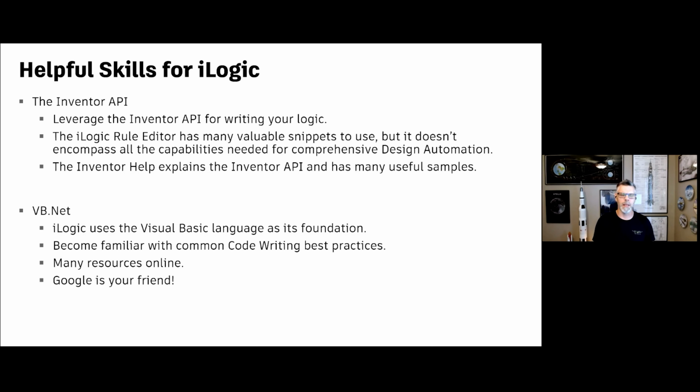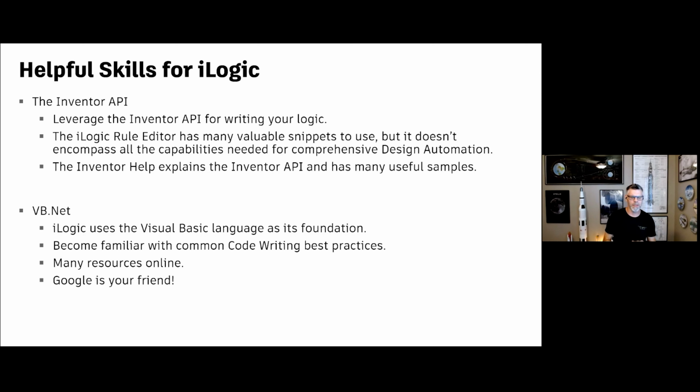The iLogic rule editor does contain some predefined snippets or code blocks that you can use. You can quickly paste them in and modify them, but it doesn't really do everything that you want to leverage in order to build out large automation projects, or even complement all the different types of things that you might want to do. So even though the snippets are there, it's always very helpful to rely on the Inventor API in order to extend your capability when using iLogic.